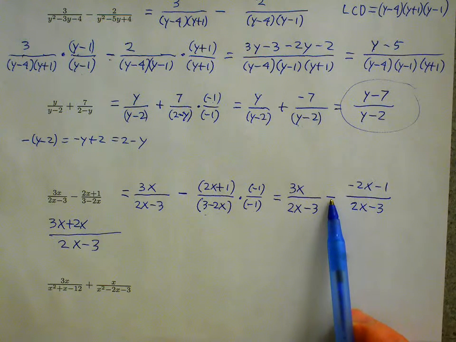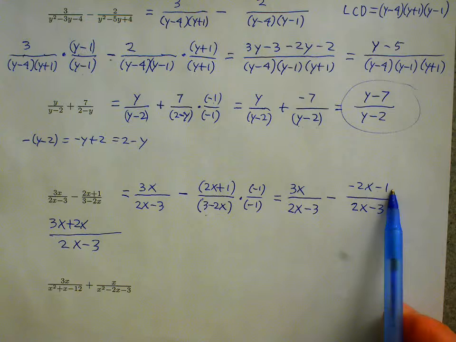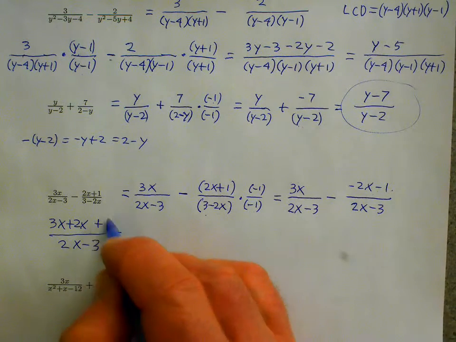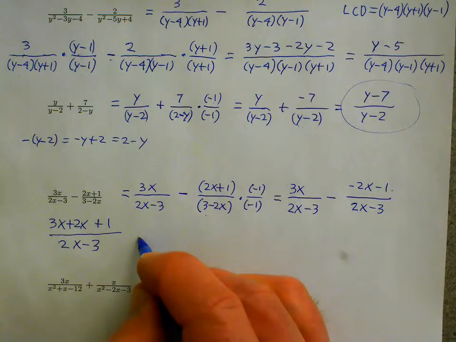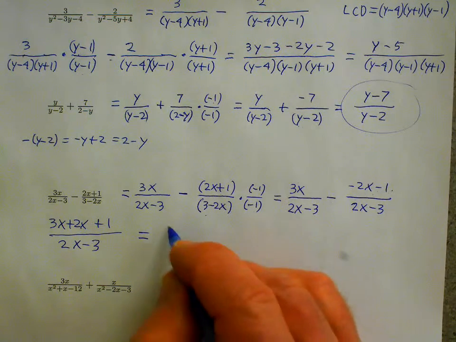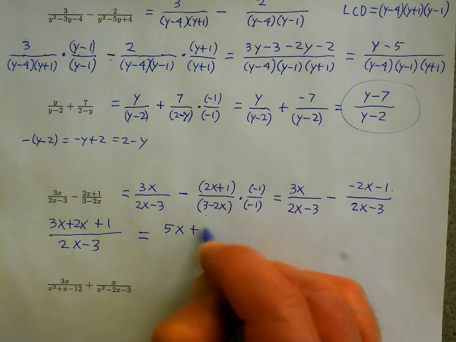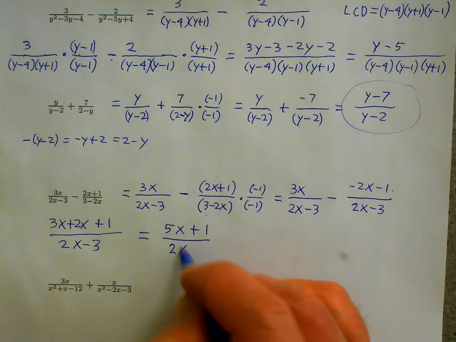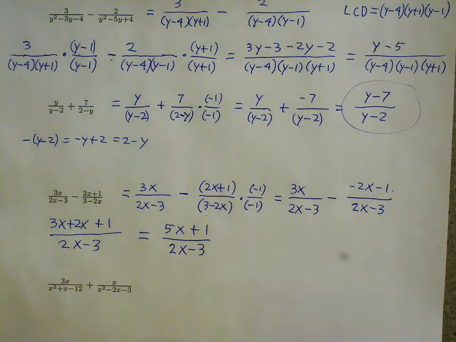And we're also subtracting -1. When you subtract -1, that's equivalent to adding 1. And then we combine the like terms in the numerator. 3x plus 2x is 5x. So our numerator is 5x plus 1, and our denominator is 2x minus 3.